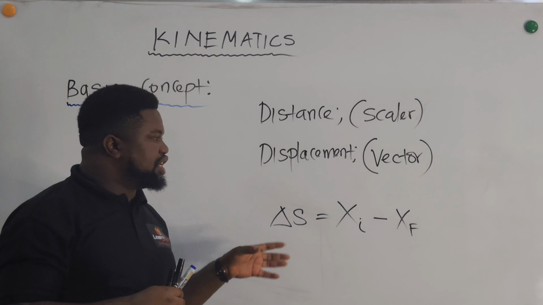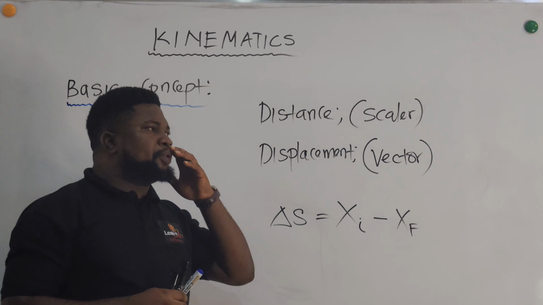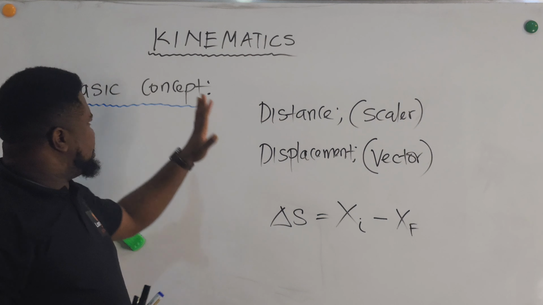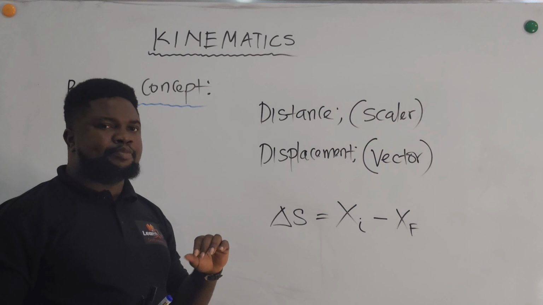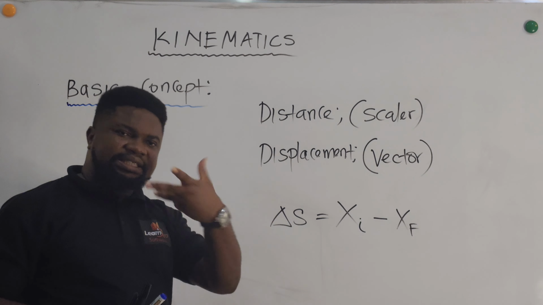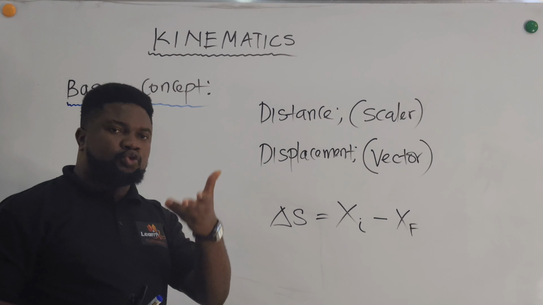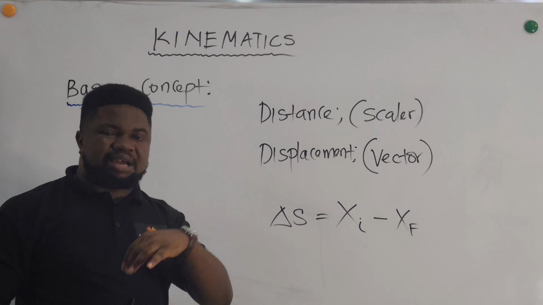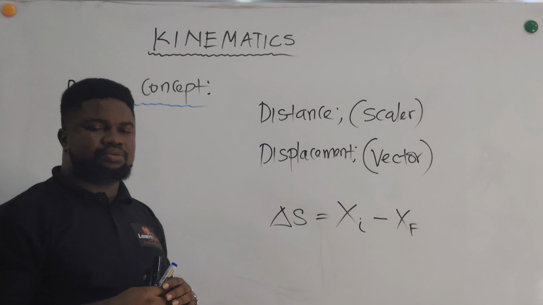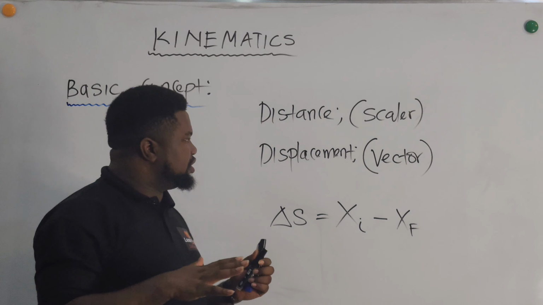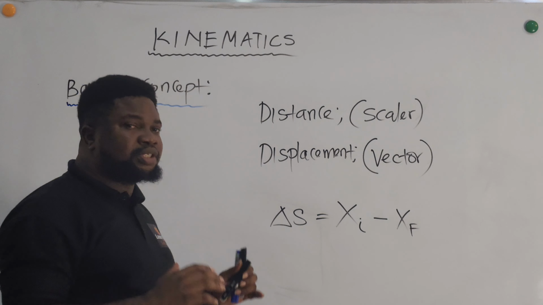Displacement is the change in position. Position is also a concept in kinematics. When we do 2-dimensional and 3-dimensional motion, you will understand position better. Position is a vector quantity.